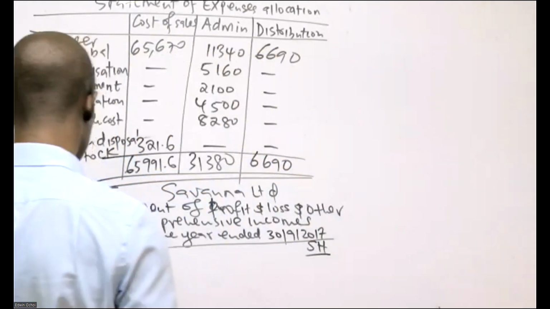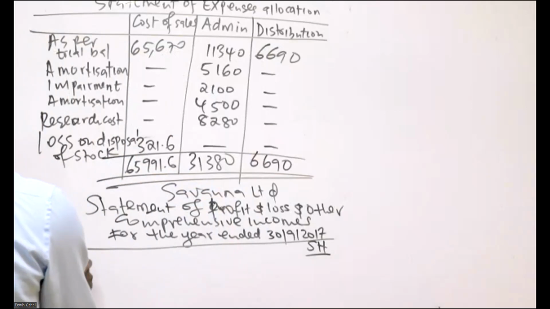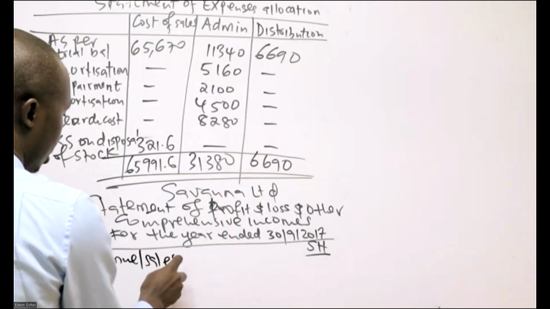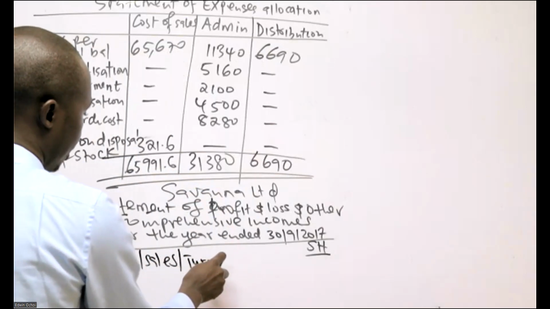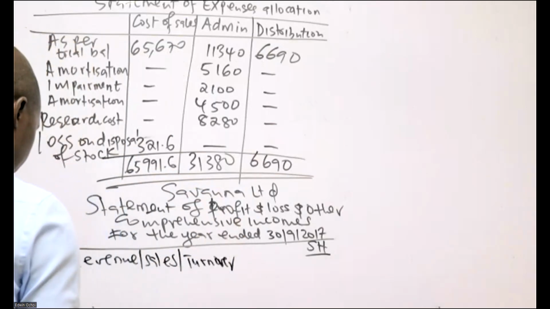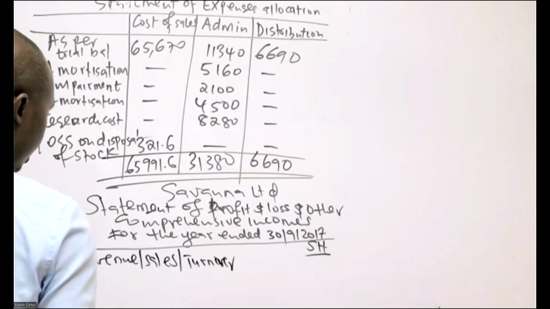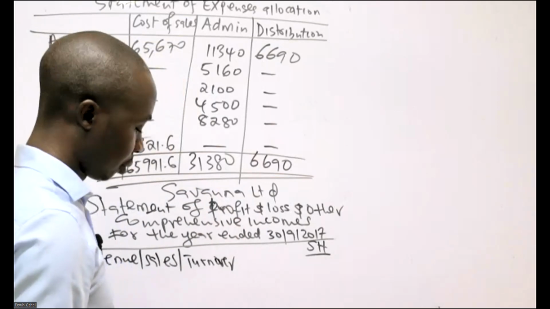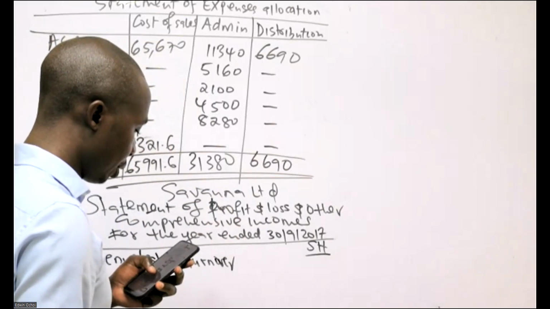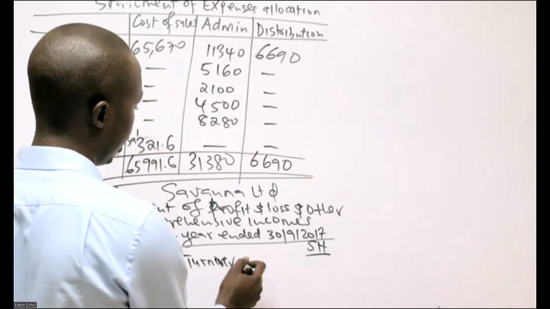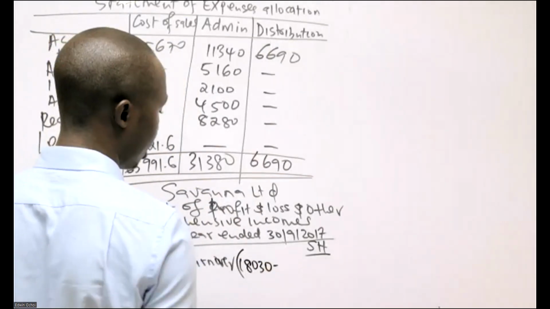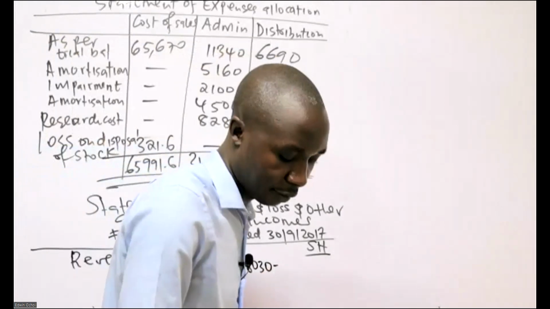So our sales revenue, turnover, you can talk about revenue, sales, or they can call it turnover. Revenue is 180,030. Minus, remember that this is the revenue of Savannah.